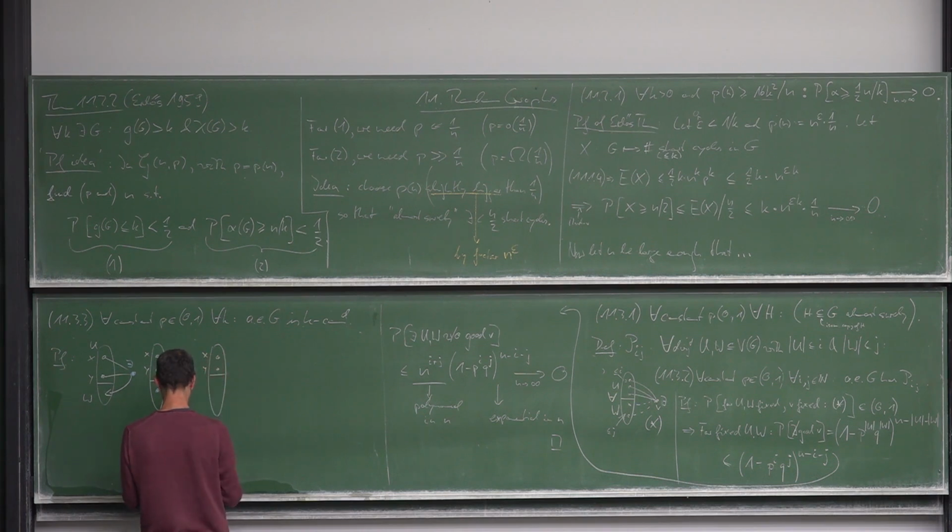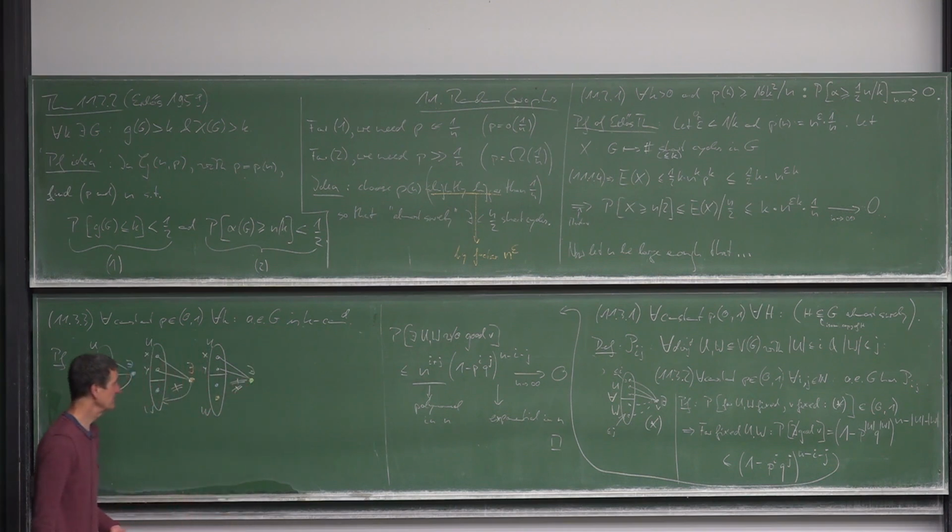We have x and y, and we have two vertices in W. And then there's a green vertex that is adjacent to U and W. And it's neither the purple vertex nor the yellow vertex, and so on.